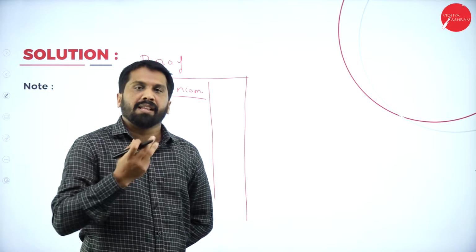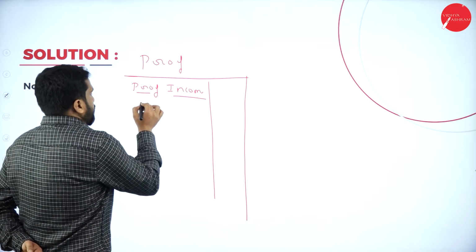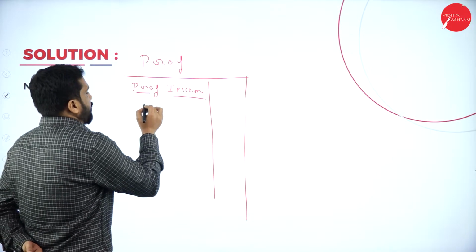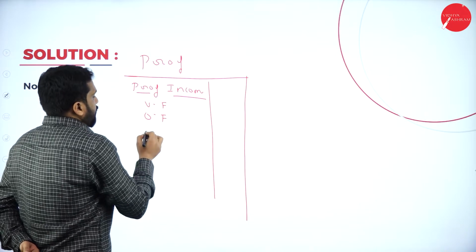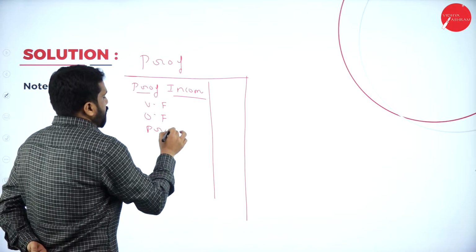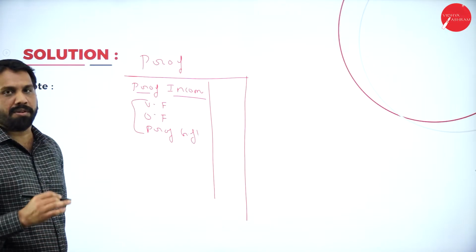Which are those professional incomes? In the case of a medical practitioner, visiting fees, operation fees, any professional gift. So these kinds of incomes we are supposed to write.